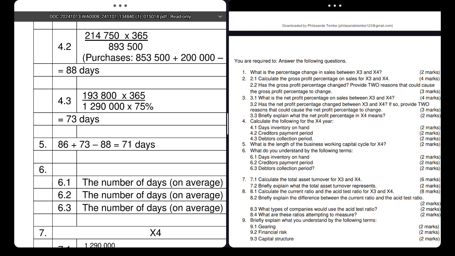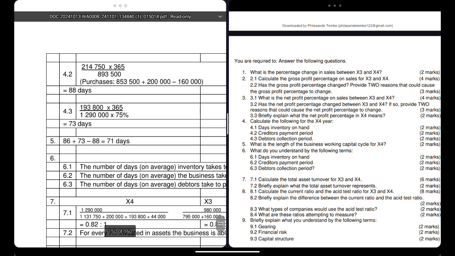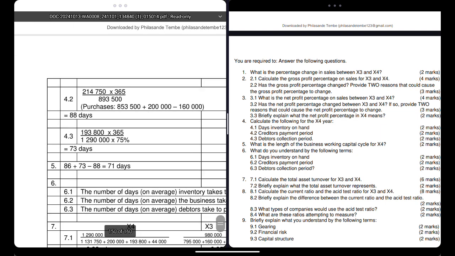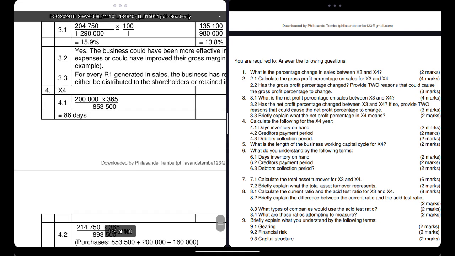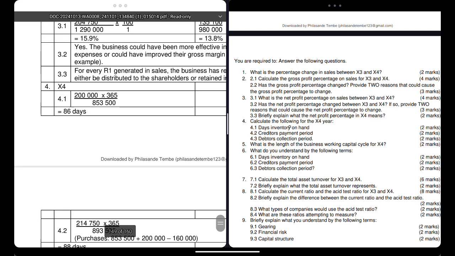Working capital cycle for 2024. Formula for working capital cycle is your days inventory on hand plus your debtors collection period minus your creditors payment period. So in 4.1, we worked out days inventory on hand.